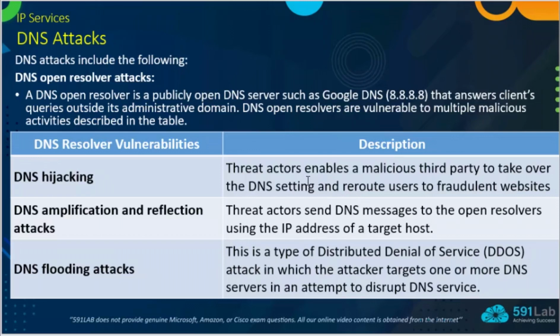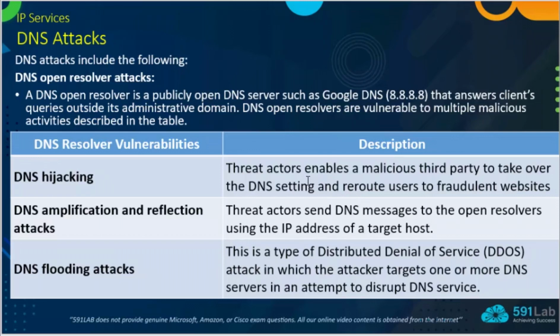We refer to that as DNS hijacking. We can also have DNS amplification and reflection attacks, whereby the threat actor sends DNS messages to the open resolver using the IP address of the target host. That means he's going to be using the IP address of that target host to send a query to an open resolver.